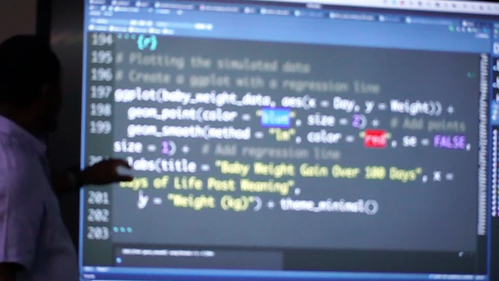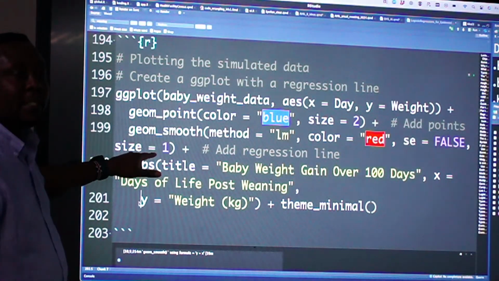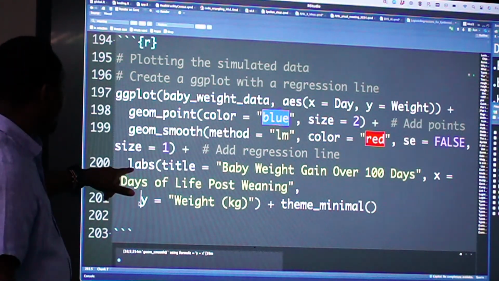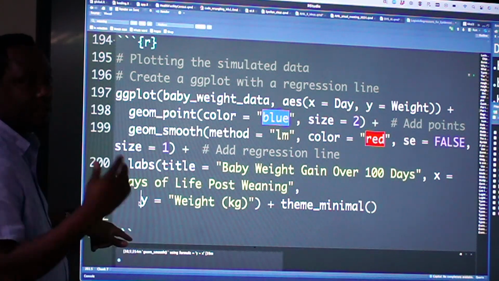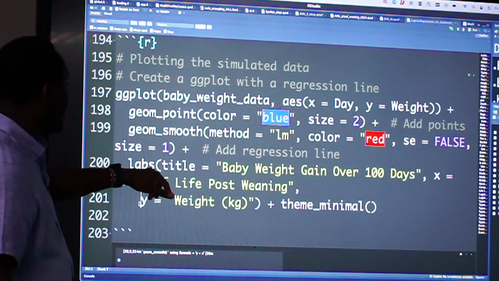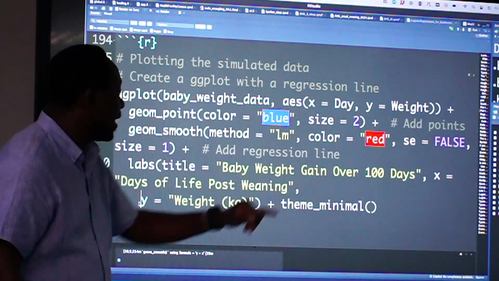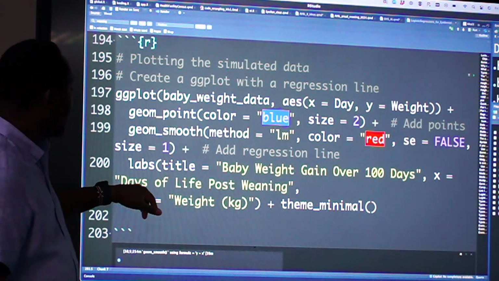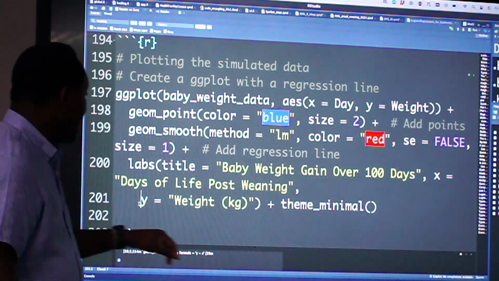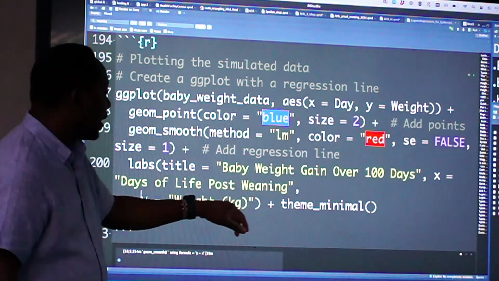That's why I've said standard error false. And then I want that line to be a size 1, and then label the axis. So for the title of the graphic, call it baby weight gain over 100 days. The x-axis call it days of life post-weaning, and the y-axis call it weight in kgs.